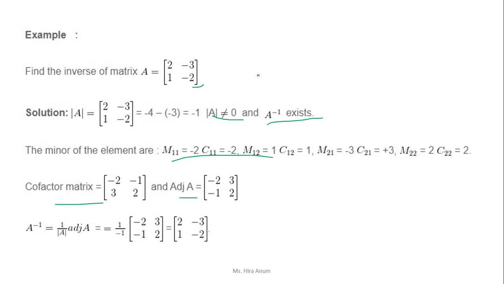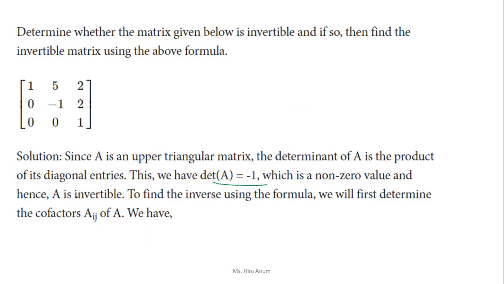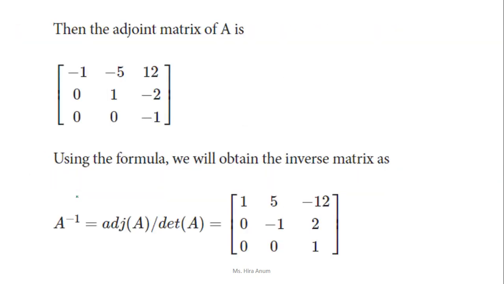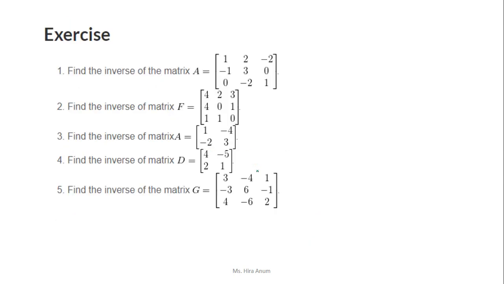First of all, find minors, then find cofactors, then take the transpose of the cofactors matrix, which becomes the adjoint of A. Then divide with the determinant value, and it becomes the inverse of A.